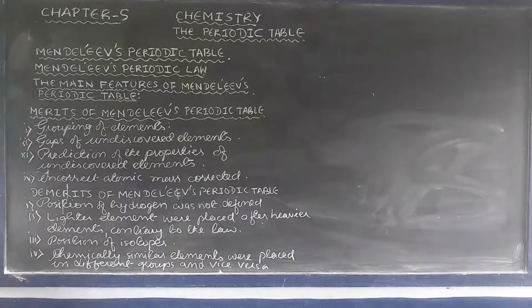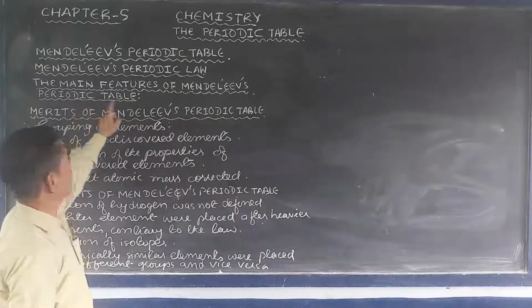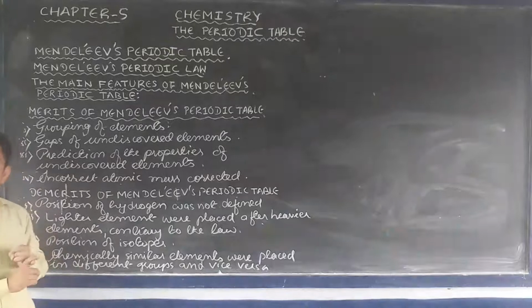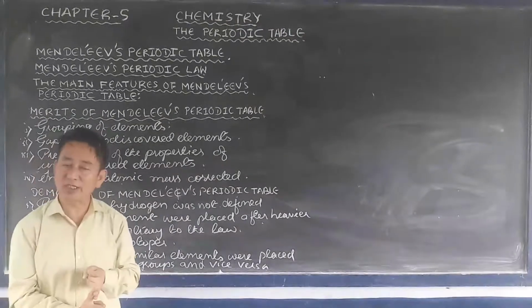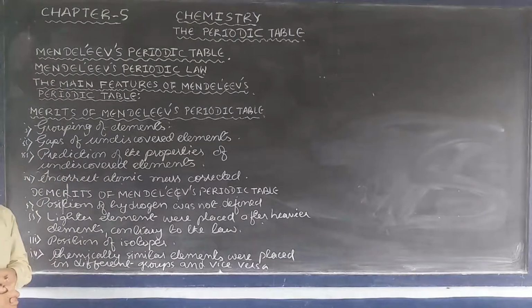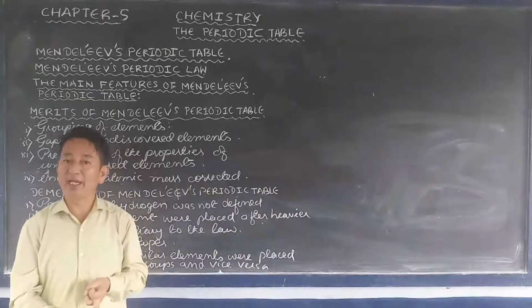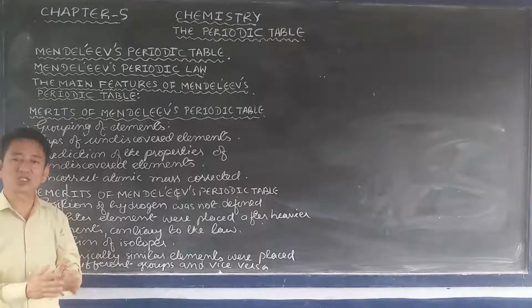Now next, the main features of Mendeleev's periodic table. Number 1, he arranged the elements in the increasing order of their atomic masses in tabular form. Number 2, he divided this table into 8 vertical columns, which are known as groups.